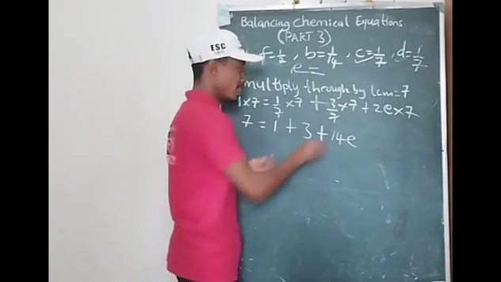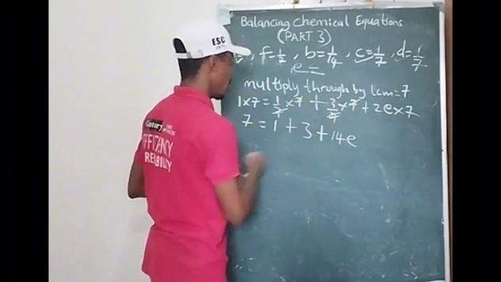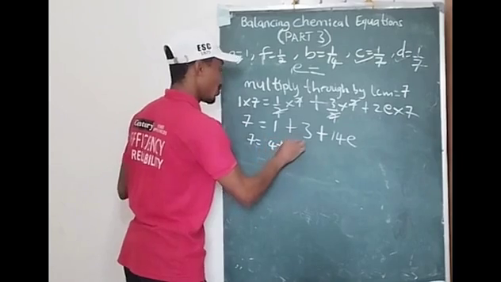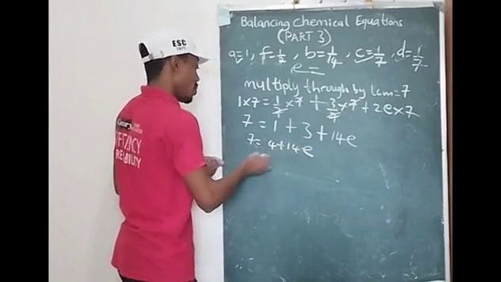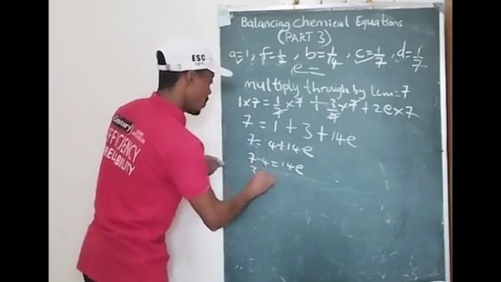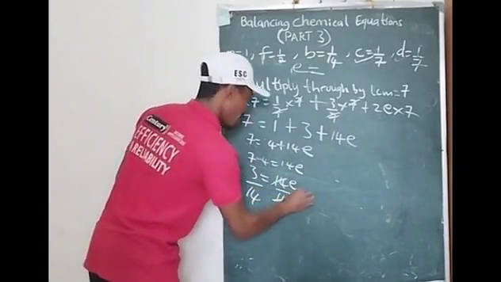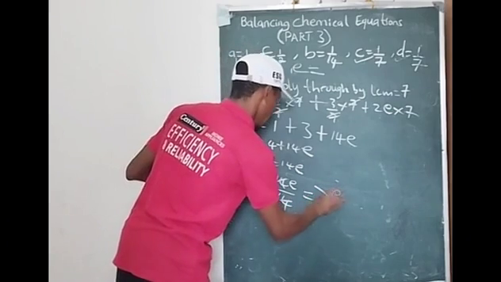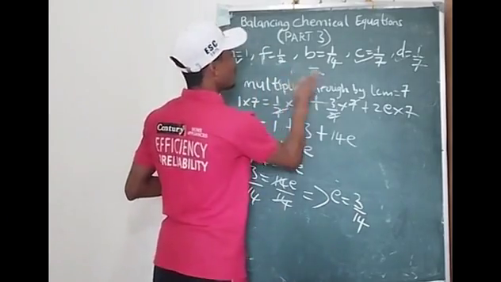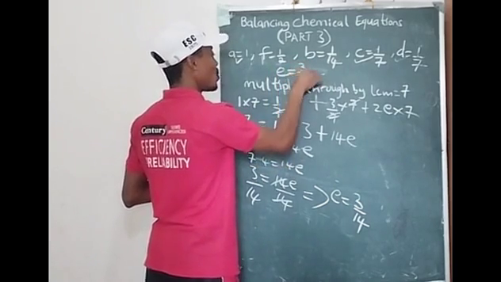This now becomes 7 equals 4 plus 14E. So 7 minus 4 equals 14E, meaning 3 equals 14E. Dividing both sides by 14, E equals 3 all over 14. So the value of E is 3 all over 14.